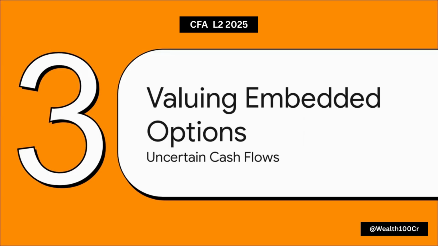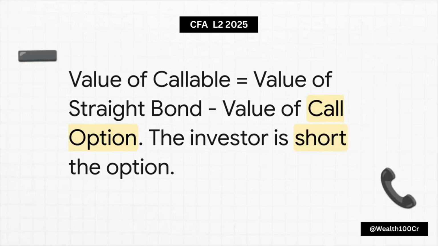Okay, this is where the binomial tree really starts to shine. It's not just for plain vanilla bonds. Its real power comes from being able to value bonds where the cash flows themselves aren't even certain. Bonds with things like call or put options built right in. So here is the absolute bedrock relationship you have to remember.